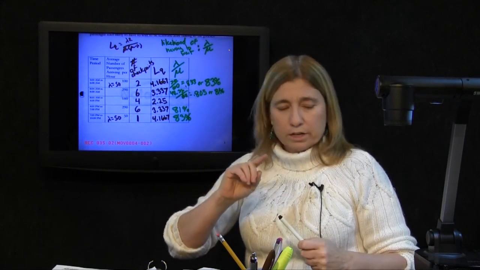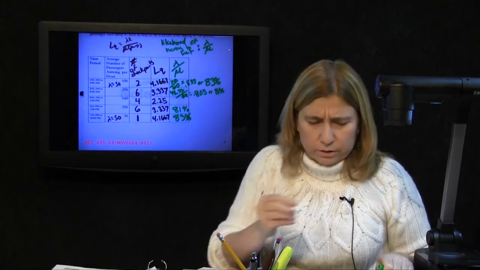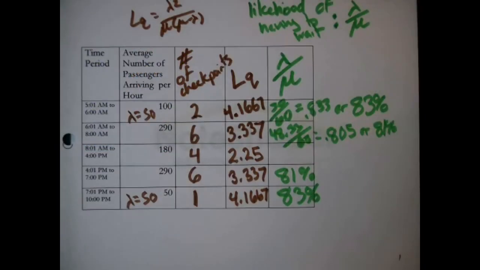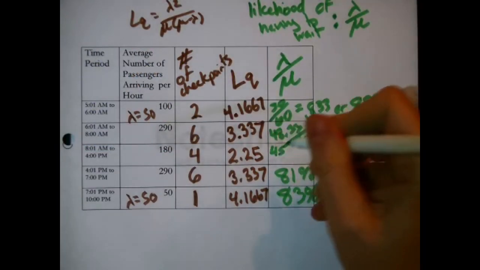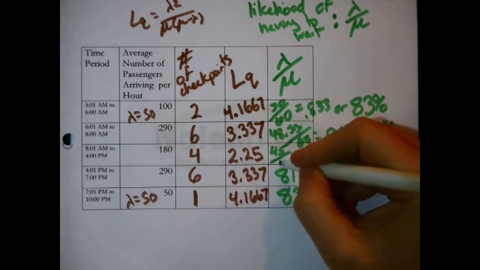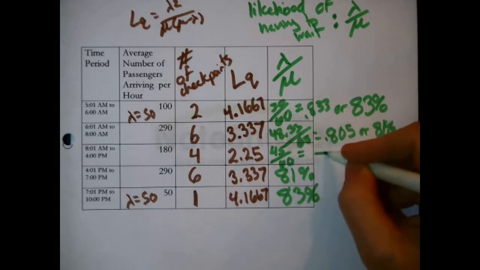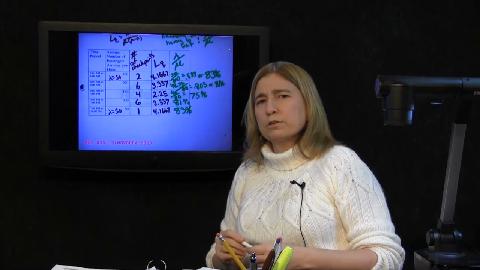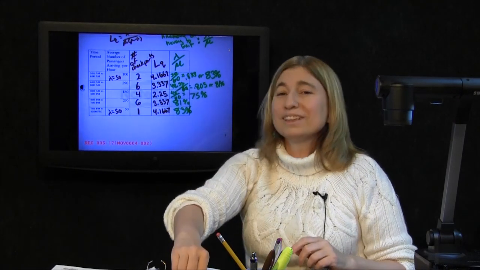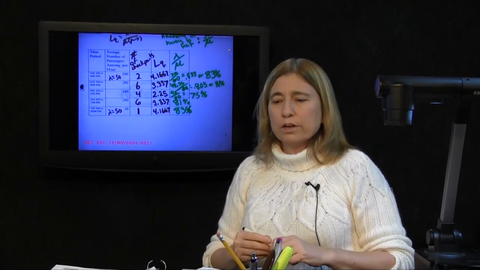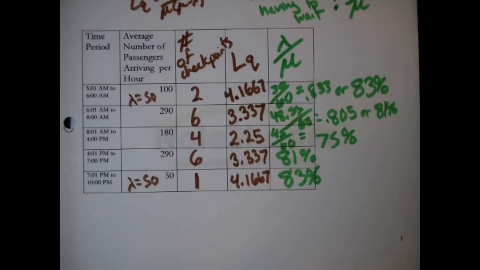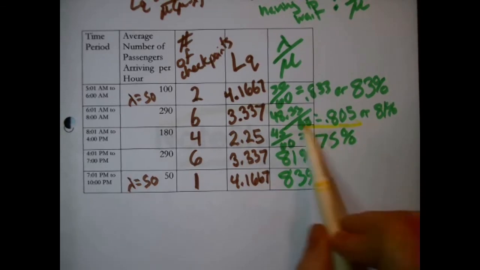In the middle of the day, when lambda is 45, because it's 180 divided by 4 divided by 60, I get there's a 75% chance that you'd have to wait. Each lane is 75% utilized. All right, now, what did the question ask? When is it least likely you'd have to wait?